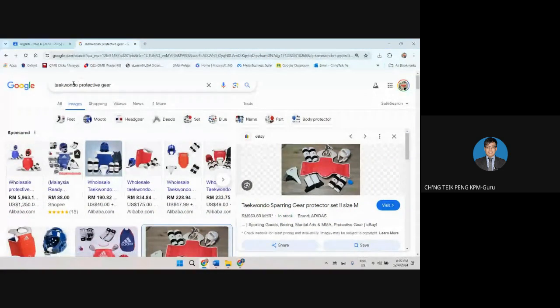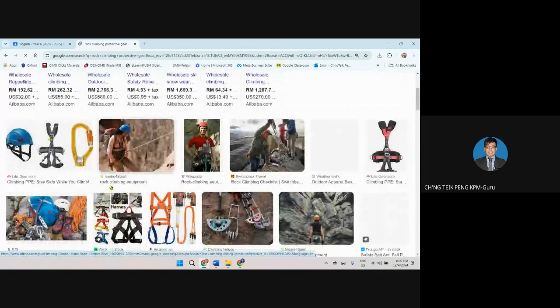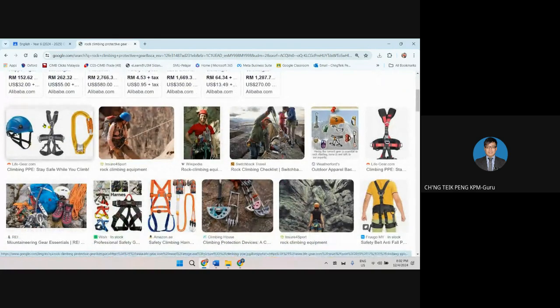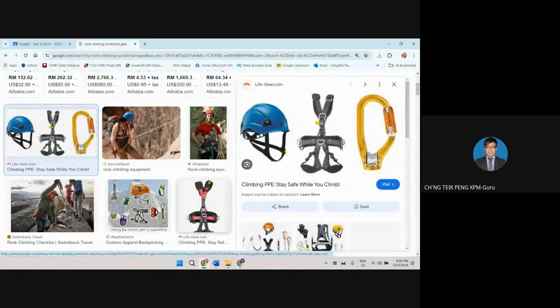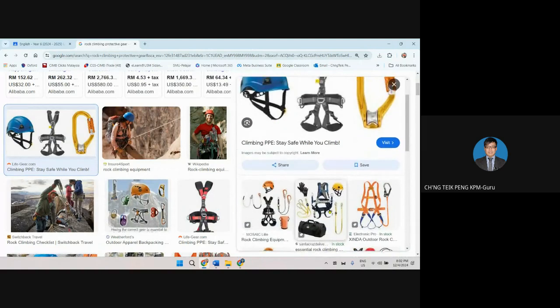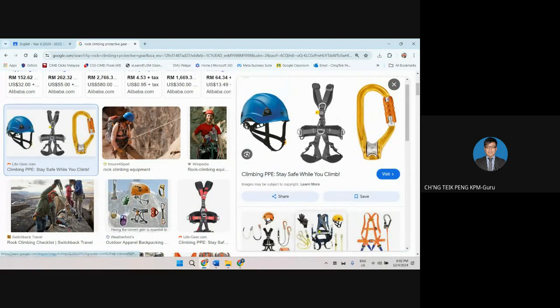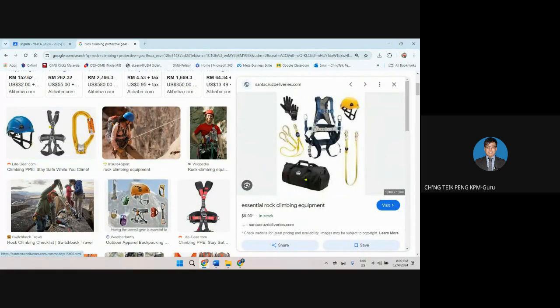Alright, now let me show you another one. Rock climbing protective gear. So we have the helmet, we have the harness, and we have the lock. These are the protective gear. 安全设备.